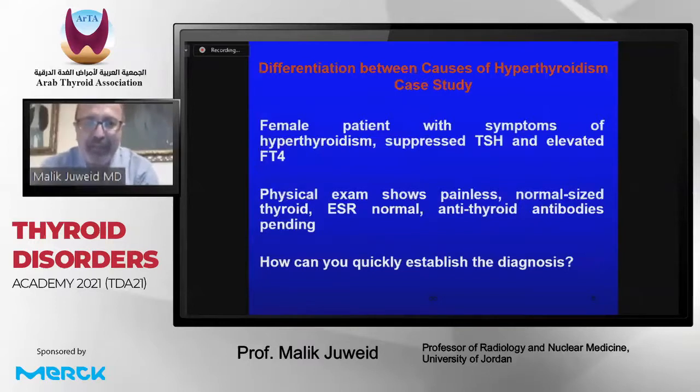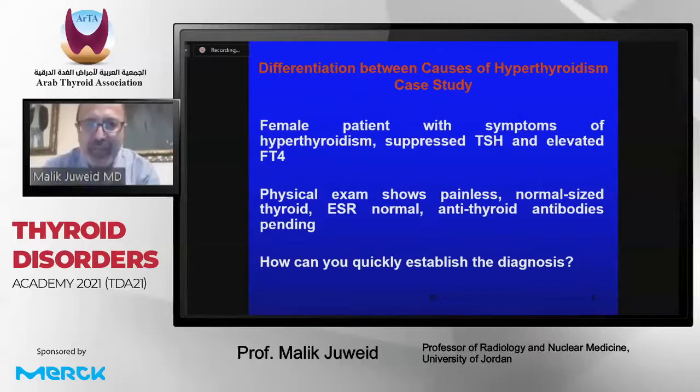I'll give a small case study here of the usefulness of thyroid scintigraphy for differentiating various causes of hyperthyroidism. I am sure most of you, if not all of you, have seen this scenario.